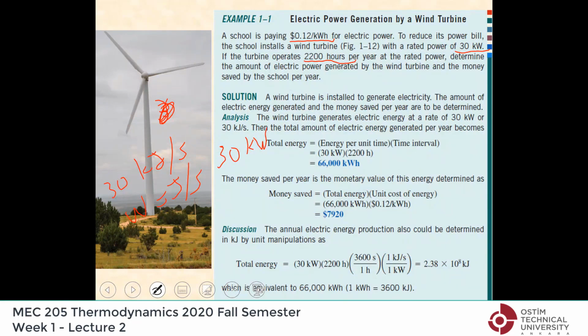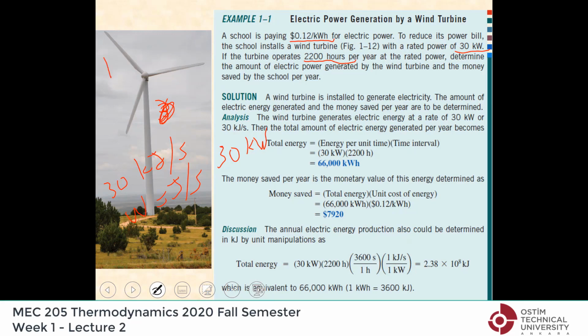So how much energy is generated in 1 year, or how much energy is generated if the turbine runs for 2200 hours? Energy is power multiplied by time interval, right?